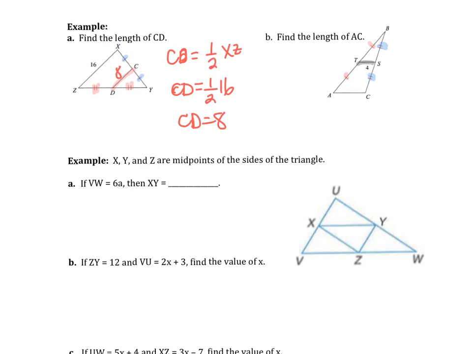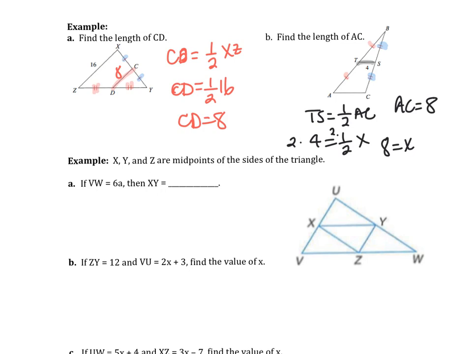So we know that TS is equal to half of AC. Or in this example, we know that we have TS is equal to 4, so it's half of something. So that AC, if I'm solving this with my algebra, I'm going to multiply both sides by 2. So I've got 8 is equal to X. So AC is equal to 8.